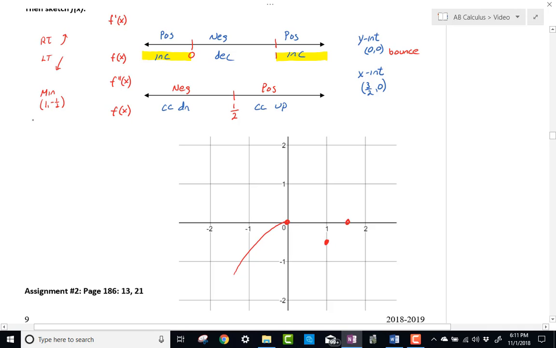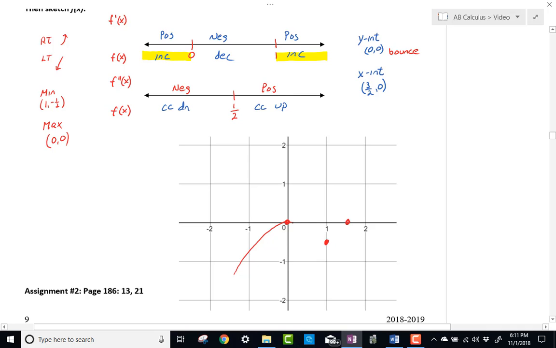Okay. Now, we have a bounce at 0, 0, but we also know that that 0, 0 was a max. So that is a max, which makes sense because my graph is supposed to stay concave down all the way until I get to, whoops, a little bit high right there, that's okay.